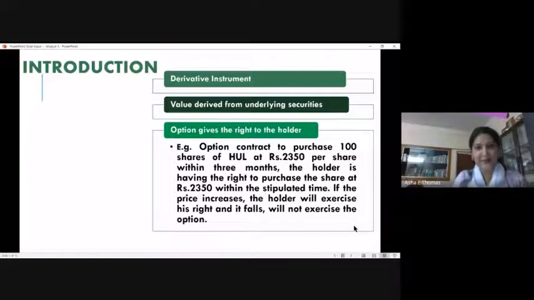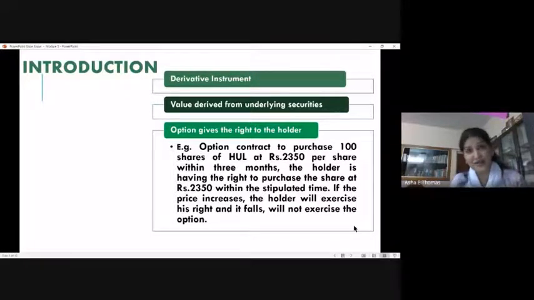As I said at the beginning, option is a derivative instrument where its value is derived from the value of the underlying asset. And option gives the right to the holder to exercise or not to exercise a particular contract. See here, I have put an example of a call option contract, for purchase of shares of Hindustan Unilever.